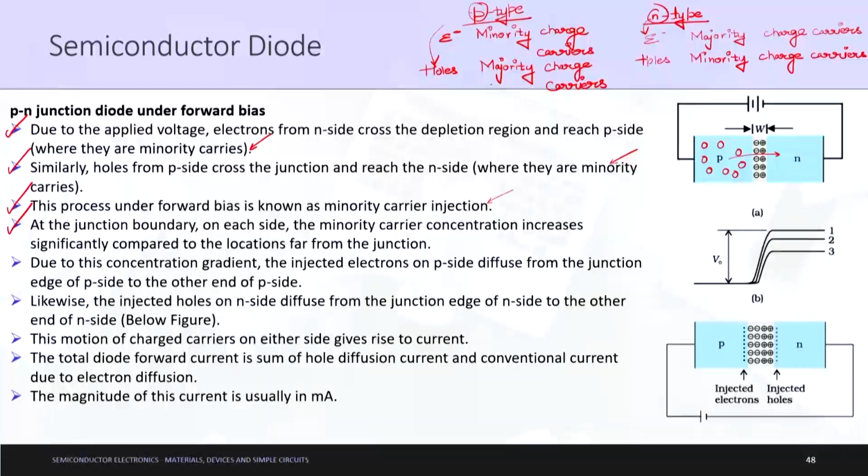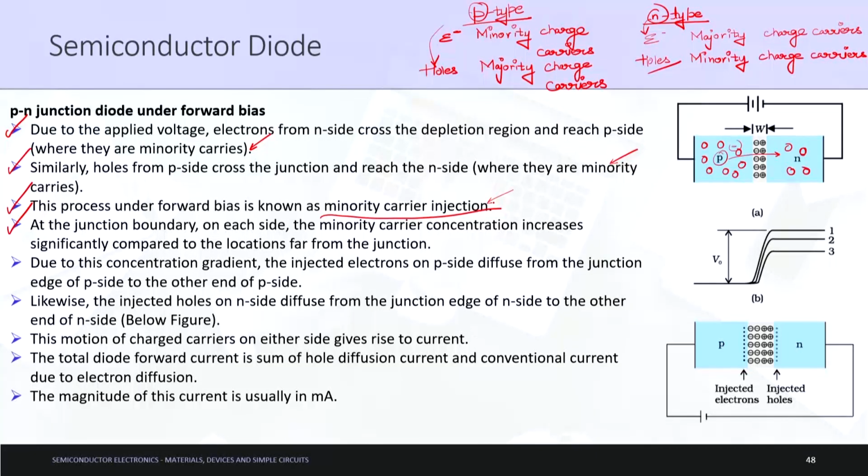The minority charge carrier in a P type is electrons, and for an N type it is holes. So, holes are being added on the N side, and electrons are being added on the P type. So we can say that the minority charge carriers are being injected. That is the only line written here. I think it is clear.